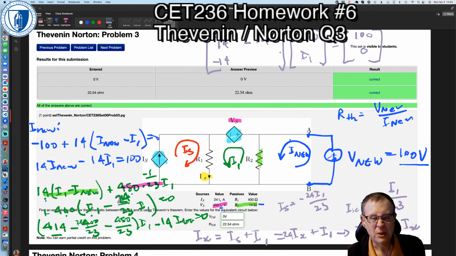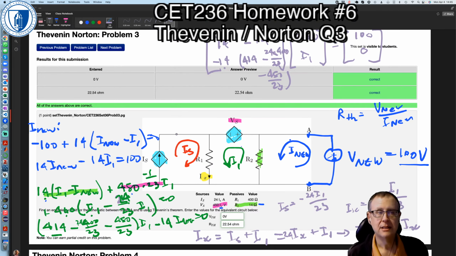And the next one, we only have a minus 14 I nu, so that's there. And then we've got this equation here, so that's 414 minus 24 times 400 on 23 minus 450 on 23, right, and that equals 0.